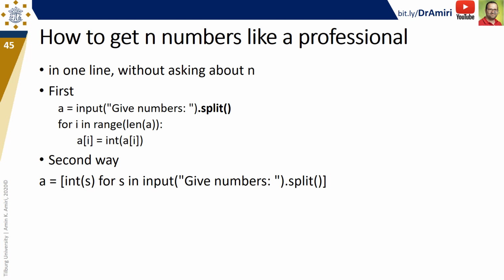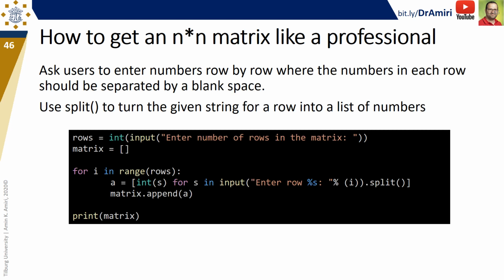You can see that I explained how you can get several numbers like a professional. How can you get an n by n matrix in a professional way? I just showed you how this can be done like a simple programmer, but how do professional programmers get values?